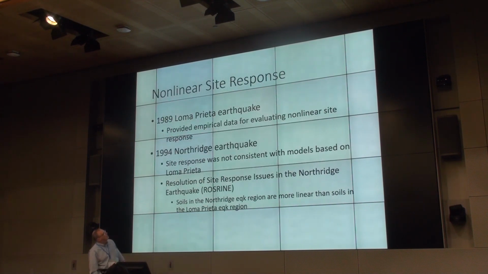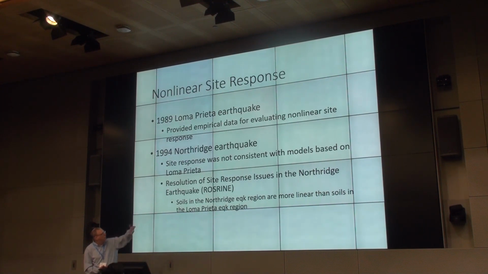So nonlinear site response, I'll talk just briefly about, but after the Loma Prieta earthquake, we had a lot of data on soil sites, and were able to really evaluate nonlinear effects empirically, really with a good data set for the first time. And those site factors got built into the building code. After Northridge, when they looked at the site response, it wasn't consistent with that model post Loma Prieta.